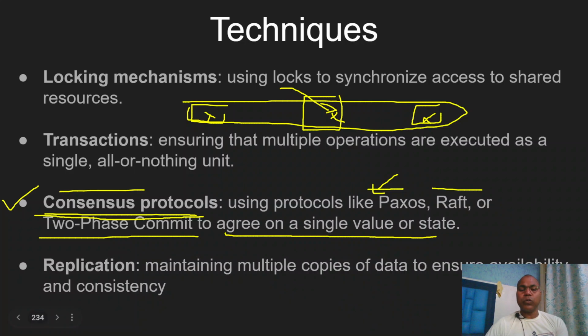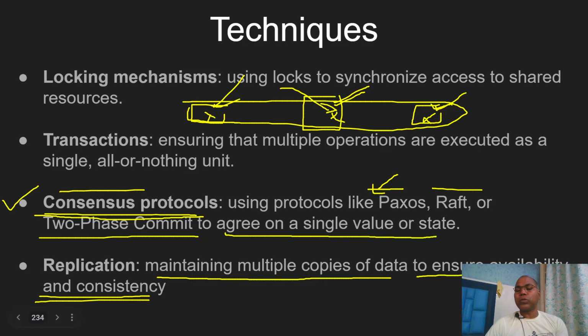One of the simplest ways is to use replicas, that means maintaining multiple copies of data to ensure availability and consistency. Whatever data you are replicating across distributed networks, you ensure the same data is replicated to all the nodes, so that you maintain one level of consistency.